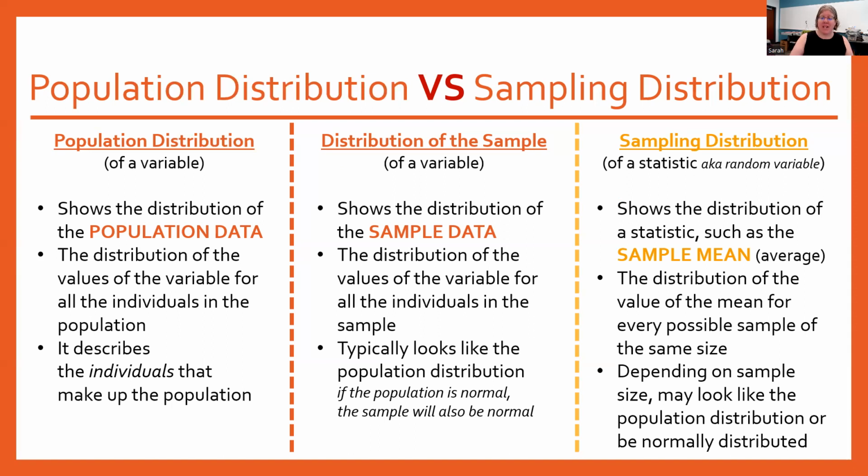Rather than for each individual person, now what we're looking at is the distribution of the value of the mean for every possible sample of the same size. So every sample of 50 is what's going to get plotted in here. Depending on the sample size, it may look like the population distribution, or it can be normally distributed. And that's where we're headed next: when do we get to claim that normal distribution so we can use all of those properties that we learned in chapter 3.